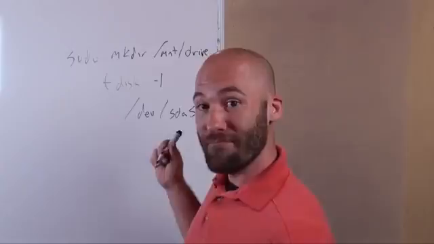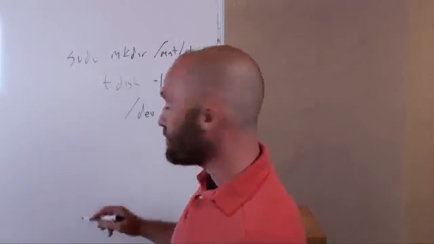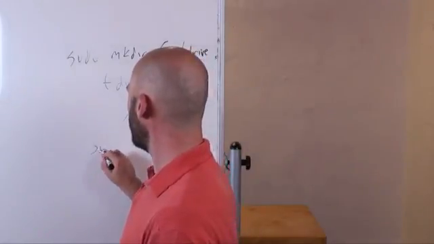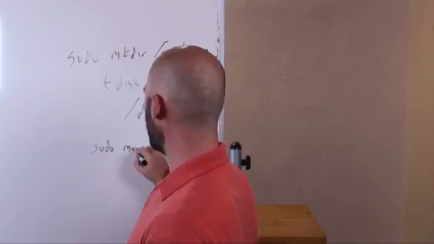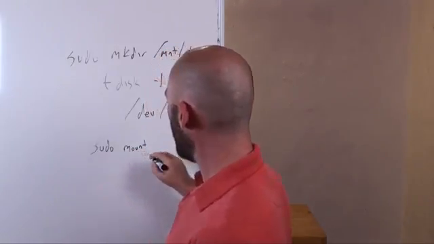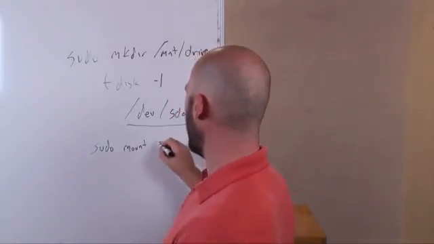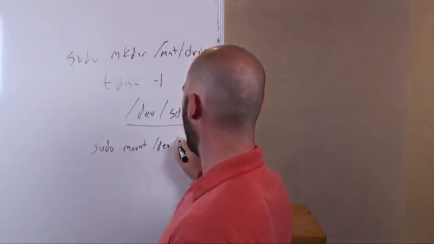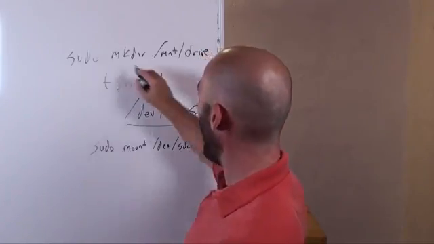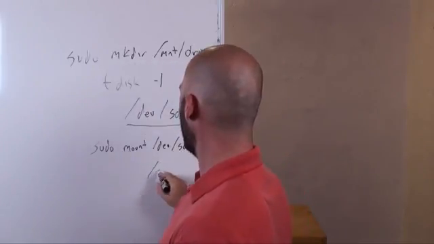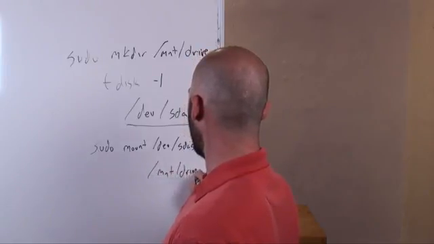So in order to mount the hard drive, all we're going to do once we find this information is sudo, superuser do, mount, this hard drive identifier. I'll show you how to get it in a minute. So /dev/sda5, and then your mount point, /mnt/drive.